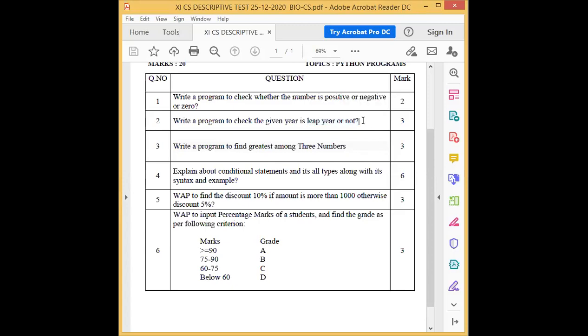Multiple conditions means one if should be, sorry, like a nested if condition. So multiple if conditions have to be satisfied to display whether the year is a leap year or not. Okay, students, understood?